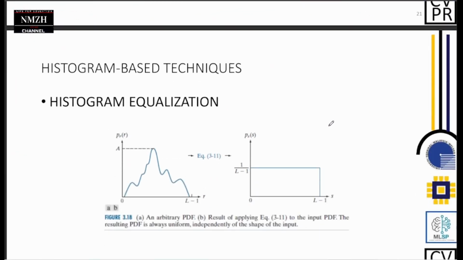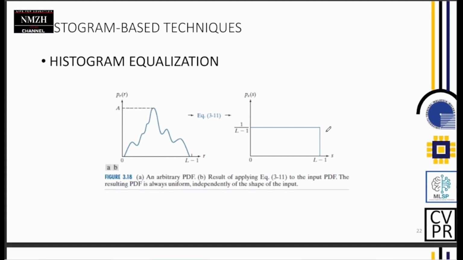right. So for histogram-based techniques, we have two things: histogram equalization, and the other one is histogram matching. So I think we will focus on histogram equalization first. Okay, so what histogram equalization does is basically this: this is the image for input.